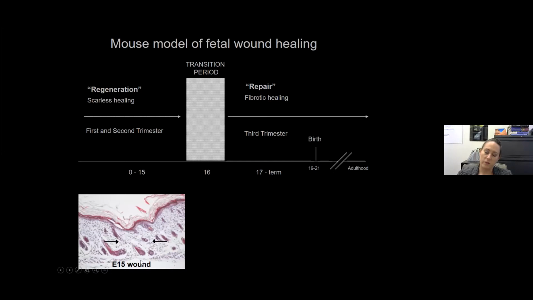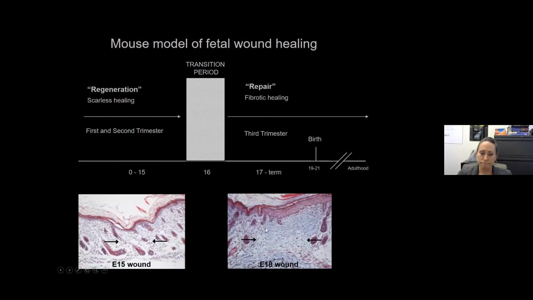So this is a trichrome stain where the collagen is blue. So you see this area here of blue collagen where hair follicles and other appendages have not regenerated. So that's sort of a typical type of scar that you would see after injury in mature skin, as well as late gestation fetal skin.